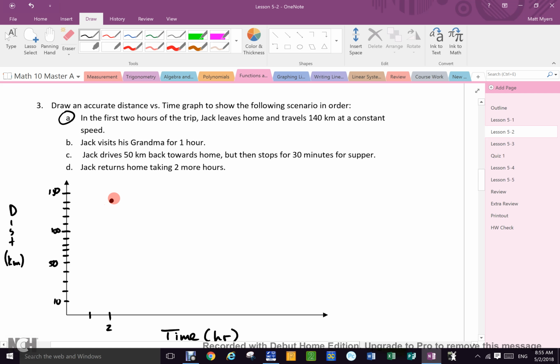Does everyone agree? Or 140, right? And since it's constant, we draw a nice straight line. Now we know that's impossible, isn't it? Because he doesn't live on the highway. To get to the highway, he had stop signs and all that stuff. But for our purposes, we're happy with this, yes? Everybody cool? Then what happens?